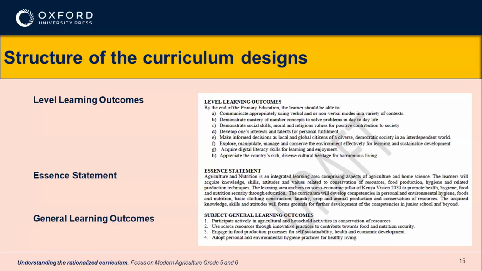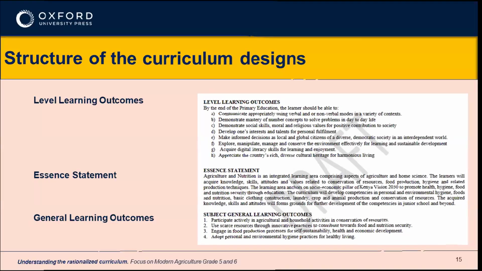And finally, they adopt personal and environmental hygiene practices for healthy living. So these are now the learning outcomes for the subject. The first ones were the learning outcomes for the level. Now, these are the learning outcomes for why these learners are studying agriculture and home science in class.